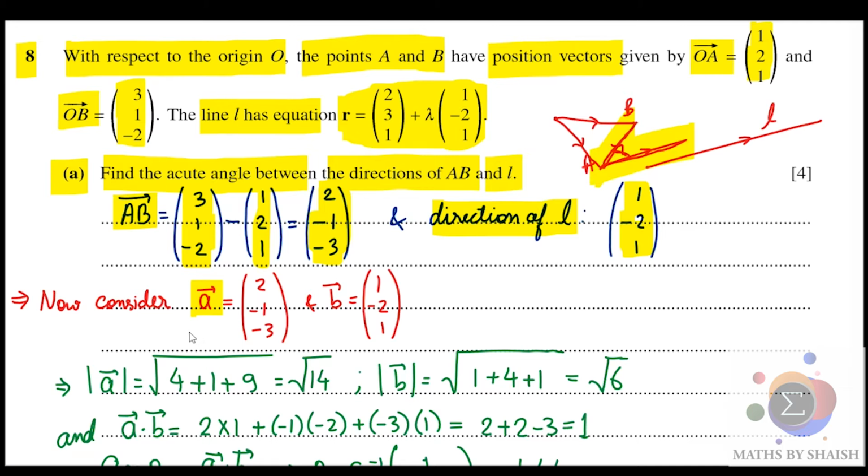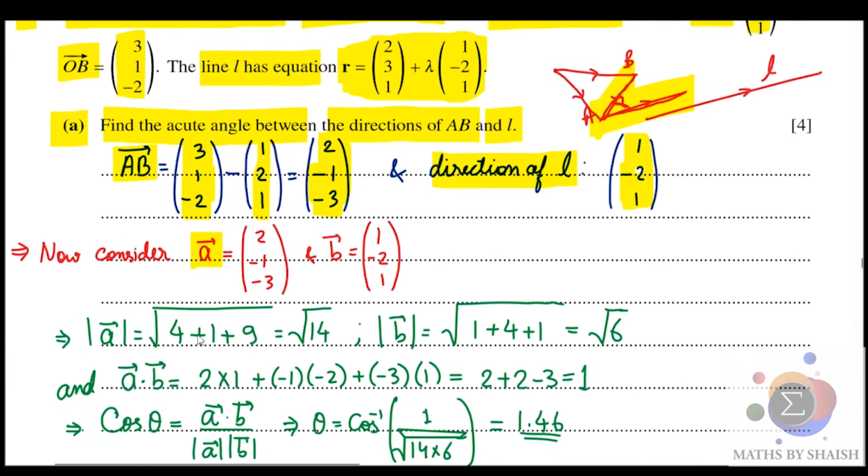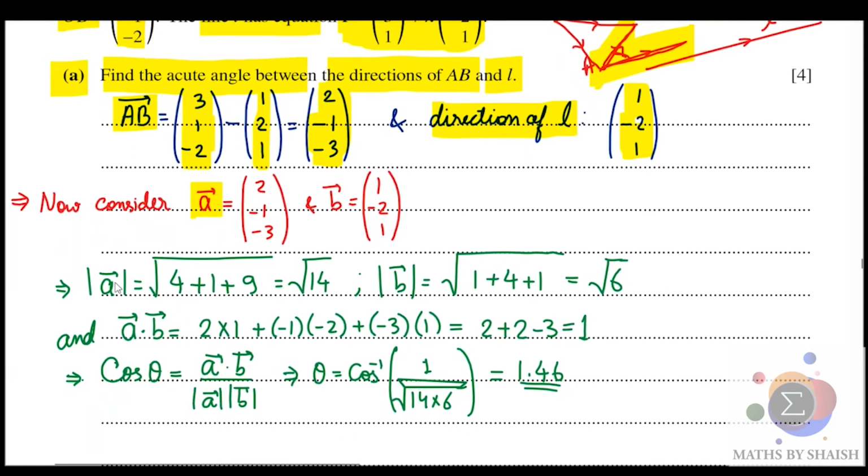So all we need to find is, by using the cos rule here, the magnitude of vector A is the square root of the sum of squares, and then we get root 14. The magnitude of vector B is root 6. A dot B is just multiplying component-wise and then adding them together. We get 2 plus 2 minus 3, that is 1.